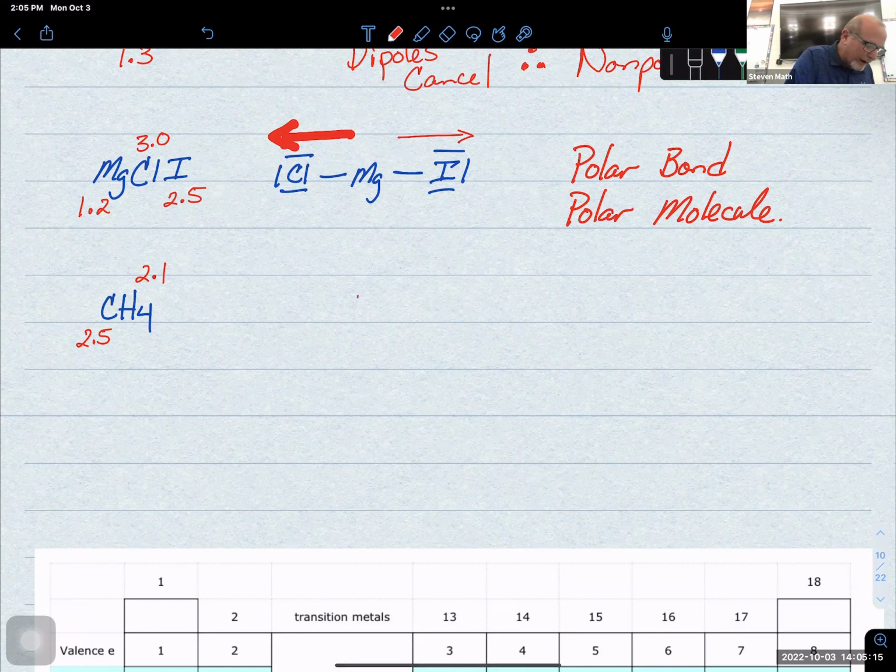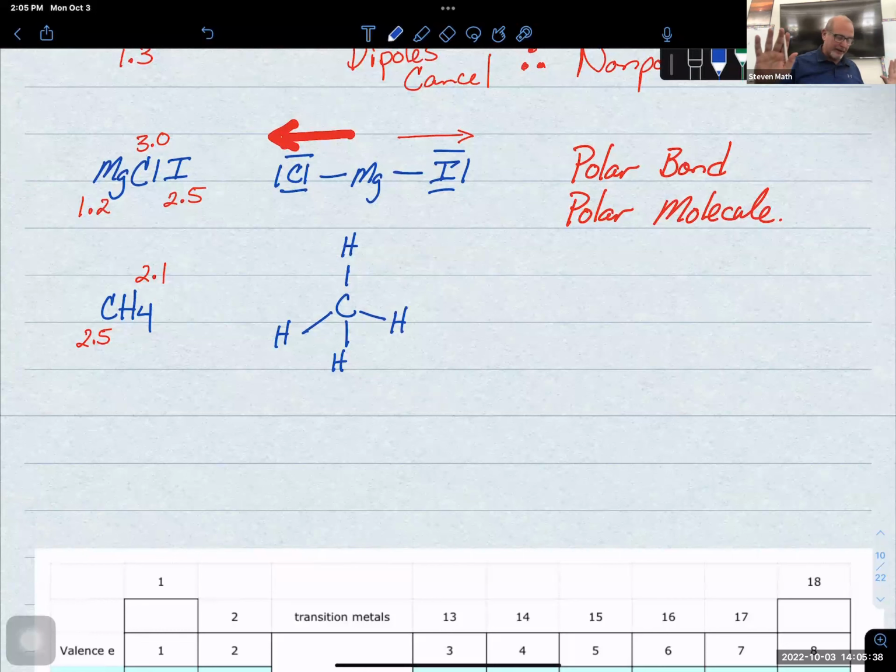But because of the way we think, dadgummit, because of the way we think two-dimensionally, remember when I said 4, make it like that? H, H, H, H. Now, I've got good symmetry.